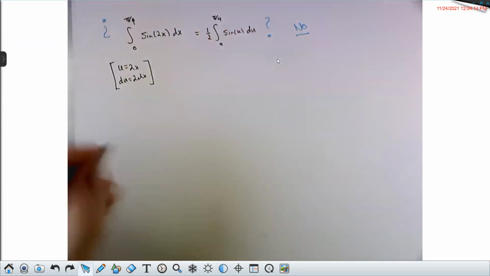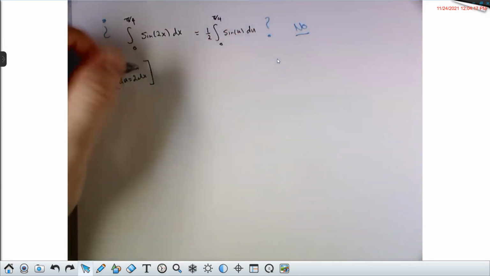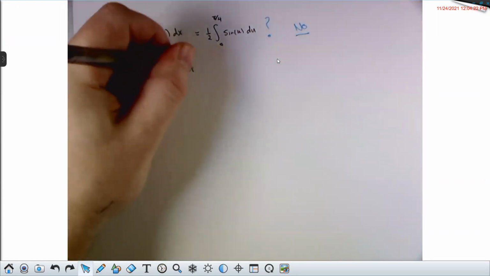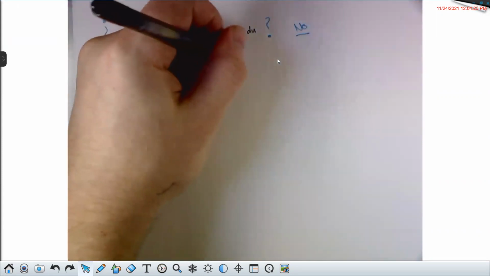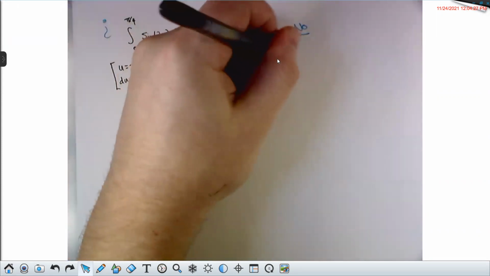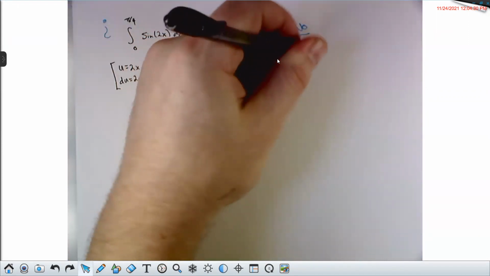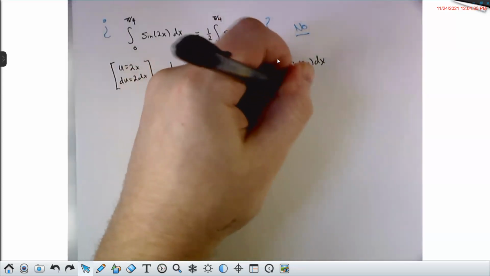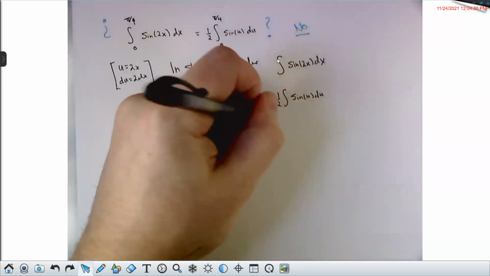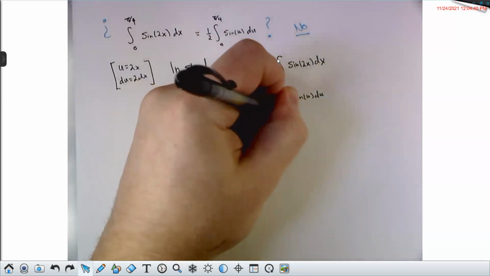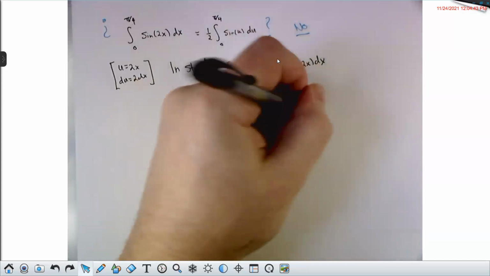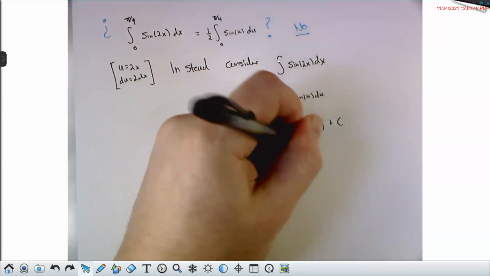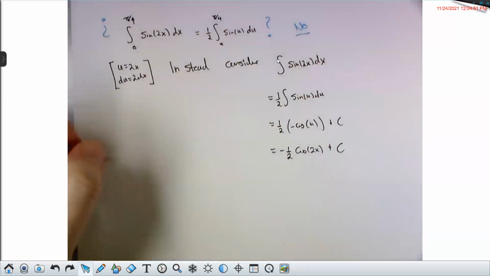But if you say, okay, to do this integral instead, consider the indefinite integral sine 2x dx, which is equal to 1/2 indefinite integral sine u du, which is 1/2 times negative cos u plus c, which is negative 1/2 cos 2x plus c.